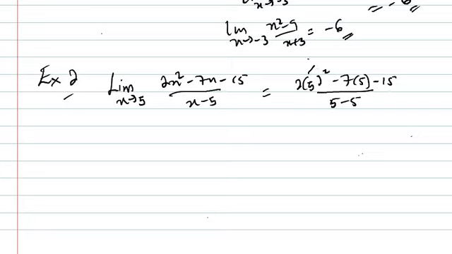Here we have 5 squared, 25, times 2, which is 50. Here we have 7 times 5, which is 35. Here we have minus 15. So here we end with 50 minus 50. At the denominator we have 5 minus 5, which is 0 over 0.